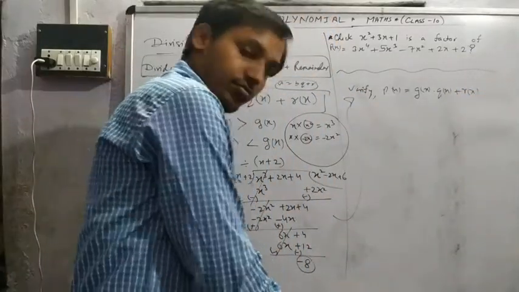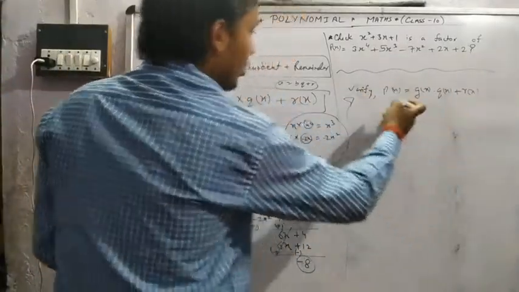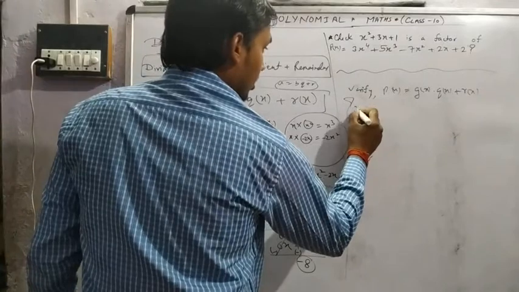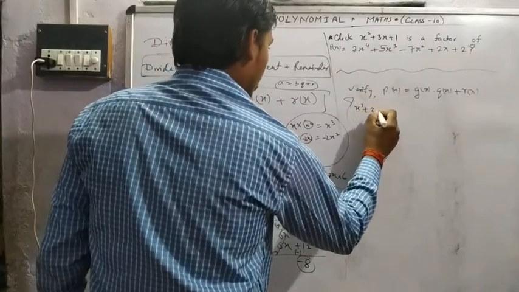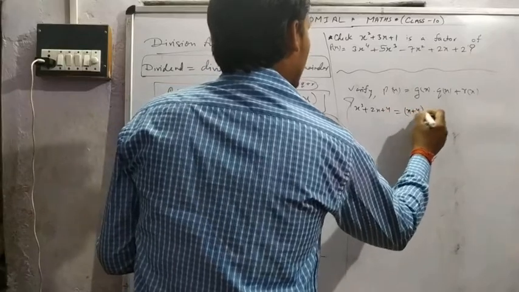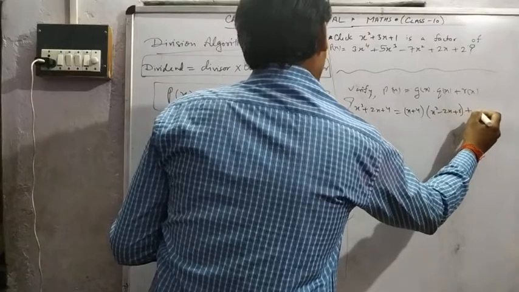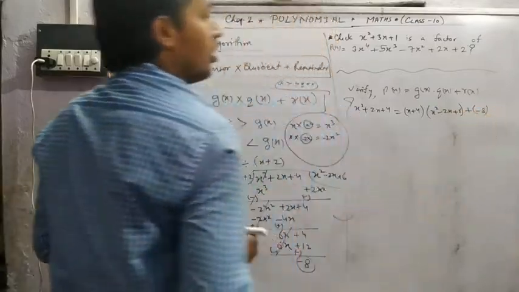So we write the values of all four. P of x is x cube plus 2x plus 4. G of x is x plus 2. Q of x is x square minus 2x plus 6. R of x is minus 8.